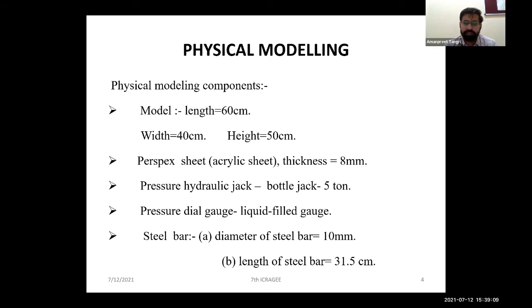It consisted of a pressure dial gauge, a liquid filled ball, and the steel bar which was used as nails. The diameter of the steel was 10 mm, and the length of the steel bar was taken as 31.5 centimeters, so as to consider accordingly by FSW that it could be taken as 0.7 H to H. I had considered it as 0.7 H.